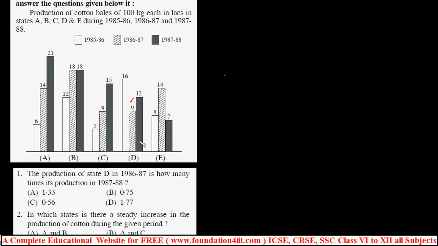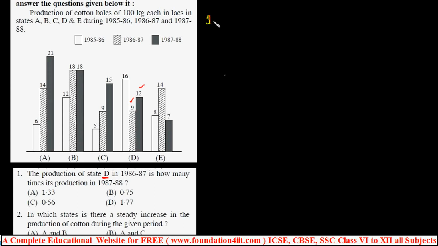So within state D, from 1986-87 to 1987-88, 9 to 12. How many times is it? Then we can answer this easily.